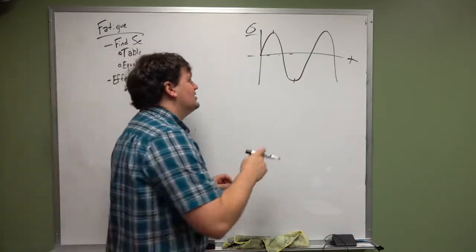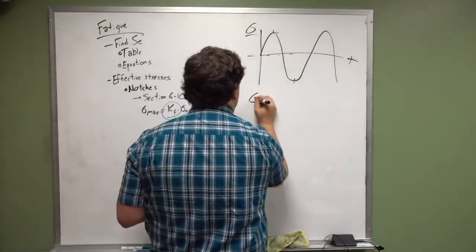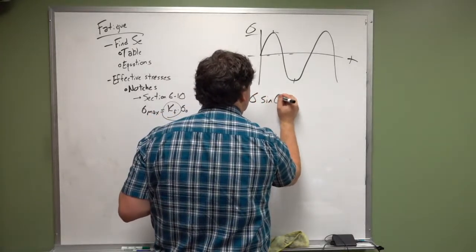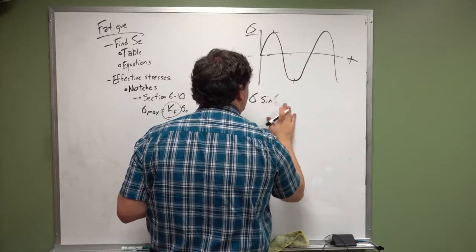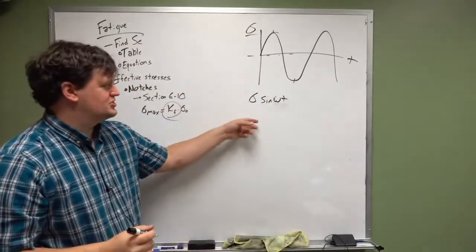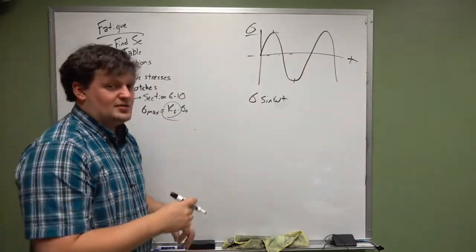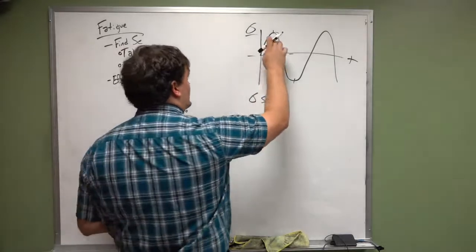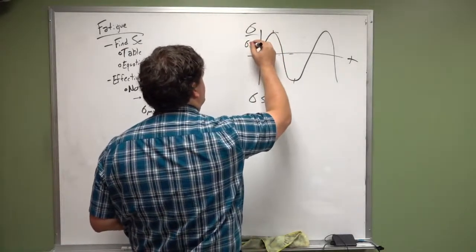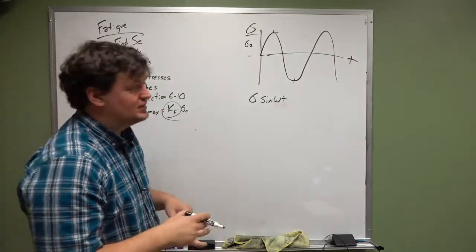Instead of just saying this is an oscillating sigma sine omega t, reaching a maximum stress of sigma, we're going to define this value right here as sigma_a. Okay, and what that stands for is sigma amplitude.